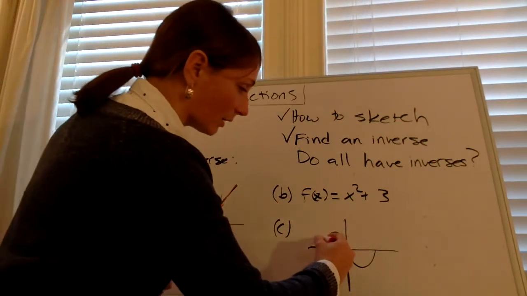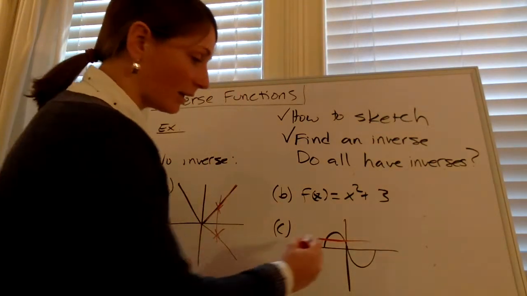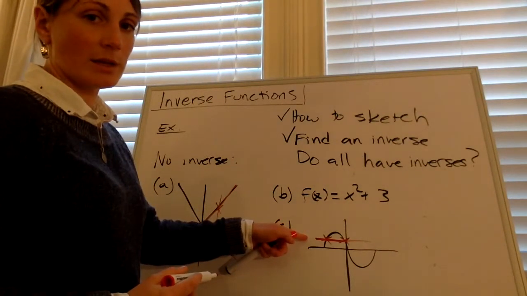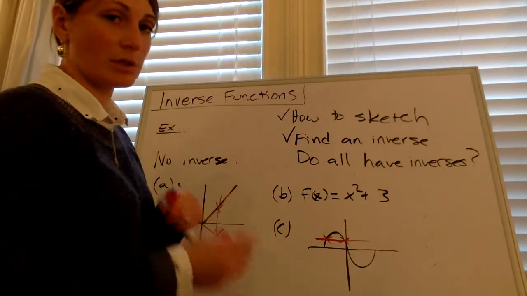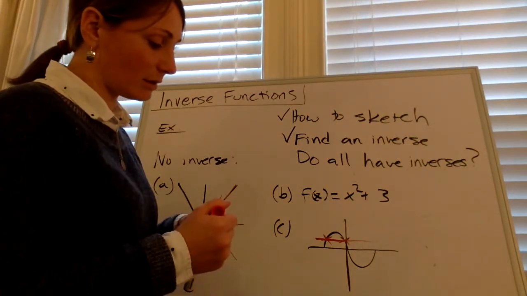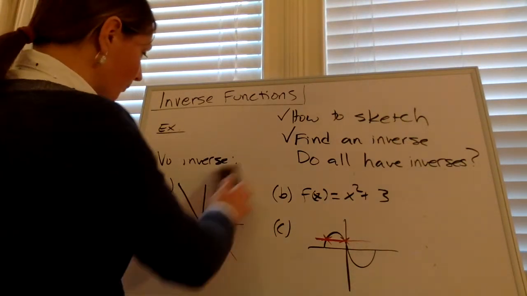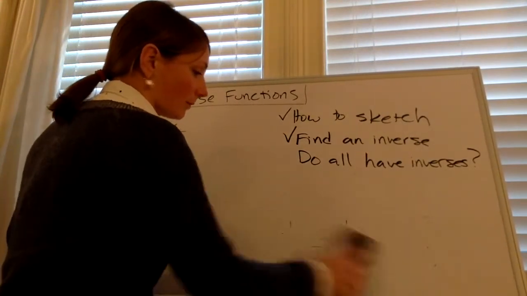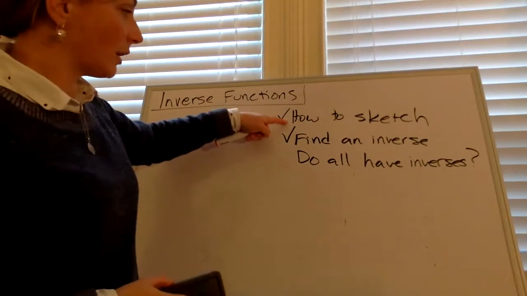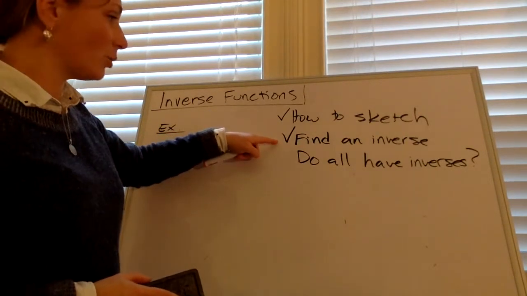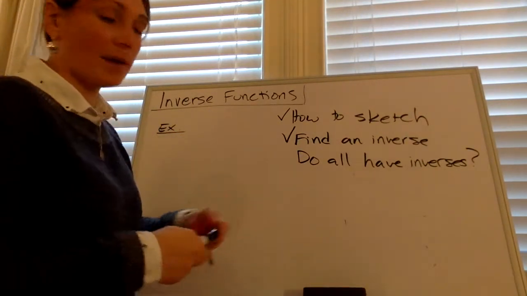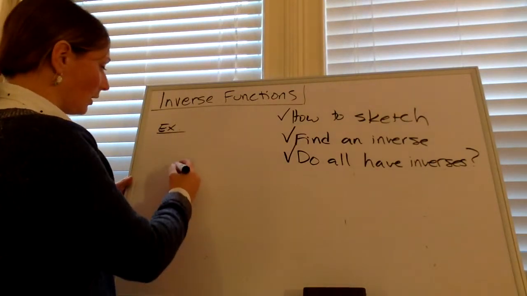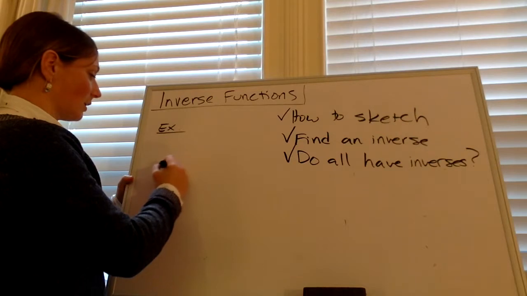And I can tell that because I just do a little horizontal line here, and this doesn't pass the horizontal line test, which means its reflection is not going to pass a vertical line test. Okay. So, kinds of exercises you're going to do, you'll be sketching inverses, finding inverses algebraically, if they have inverses at all.